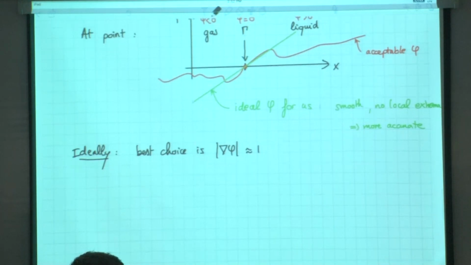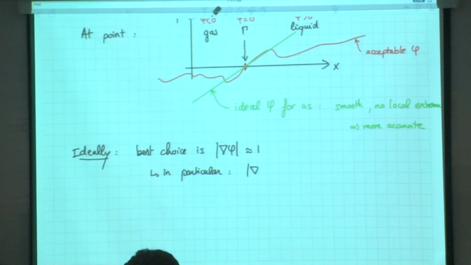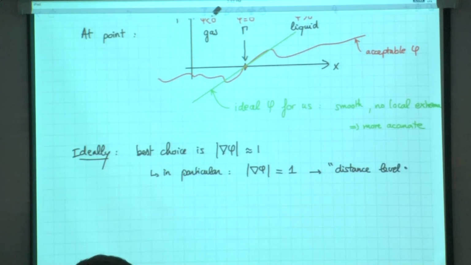If you take this to be, so in particular, if grad phi is strictly equal to 1, then you're working with what's called a distance level set, a level set function. Why?